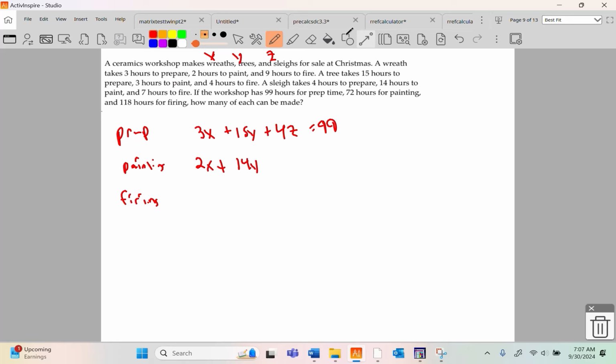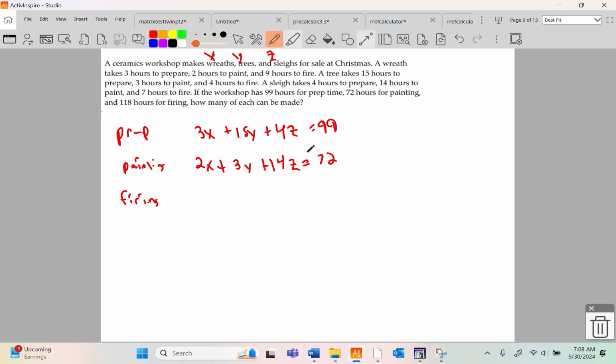Oh, I missed the tree, didn't I? Forgive me. I skipped. 3 to paint. And a sleigh is 14. And how much paint time do we have? 72 hours of paint time. And then we're on firing.